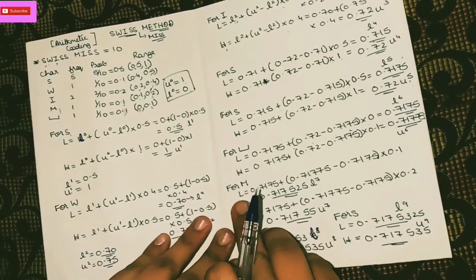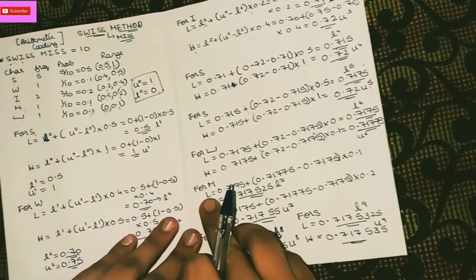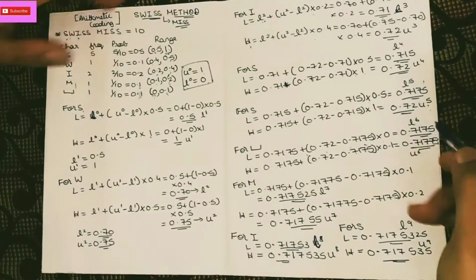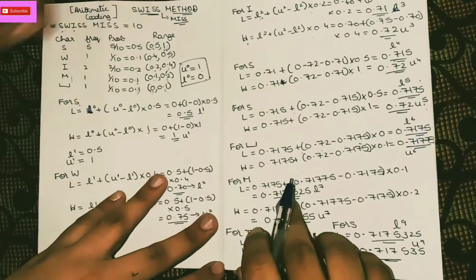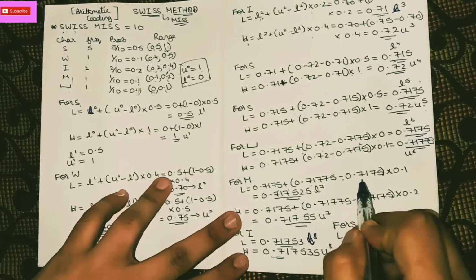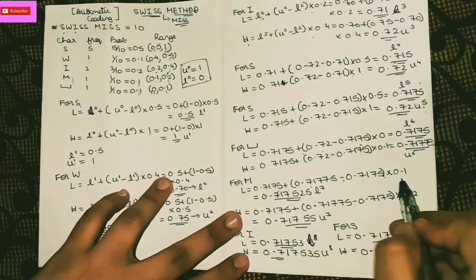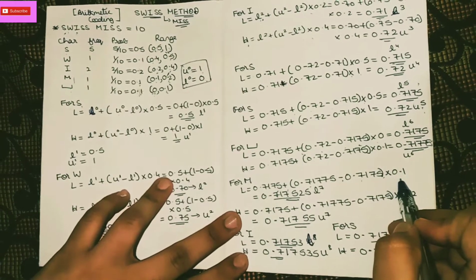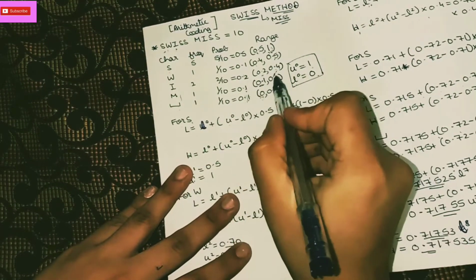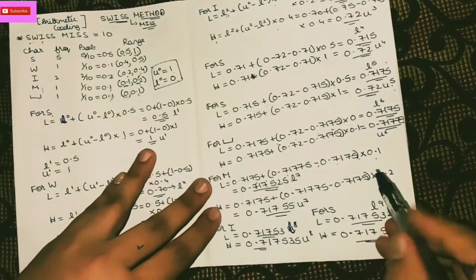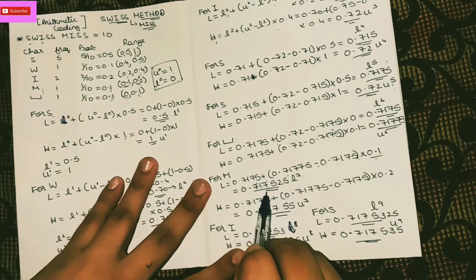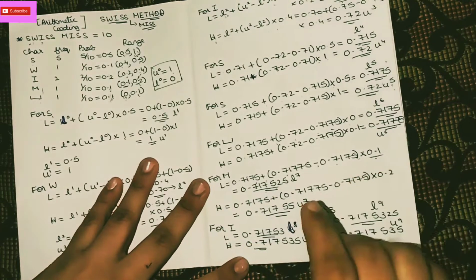Now we'll encode M. We get L6 and U6 and put those values in this equation: L6 plus U6 minus L6, into the lower range of M. The lower range of M is 0.1 and the high range of M is 0.2. We consider the lower range first and, putting all the values in, you will get 0.717525 as the L7 answer.